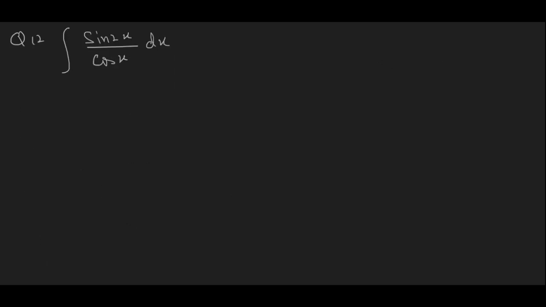Now in question number 12, we have a question in which we don't have any direct integral available, so we have to make some replacement of the corresponding value of the trigonometric function. Here we have a formula: sine 2 theta is equal to 2 sine theta cos theta. So we will replace this value.